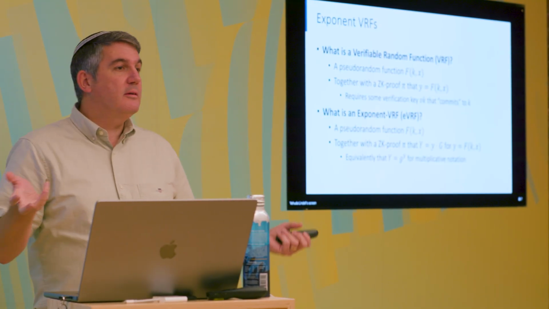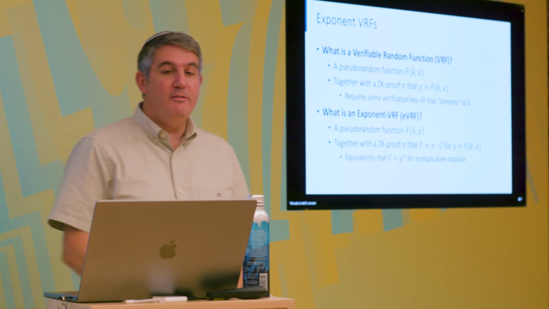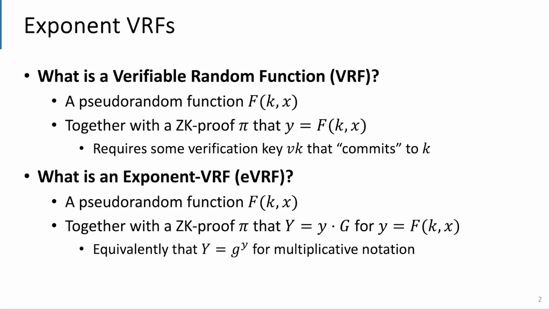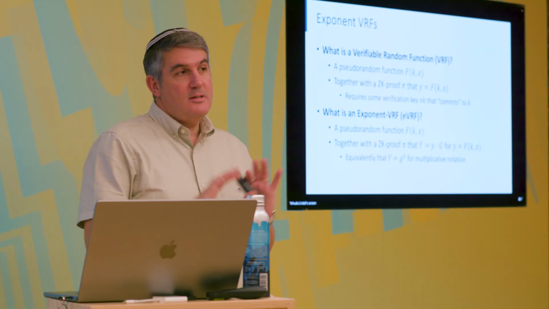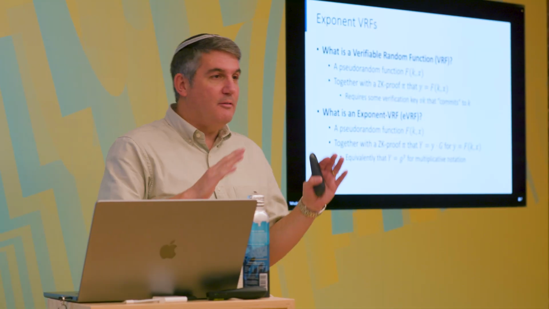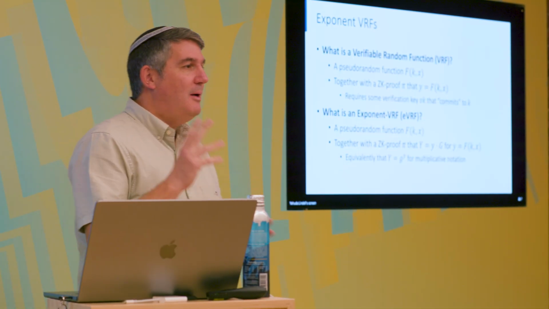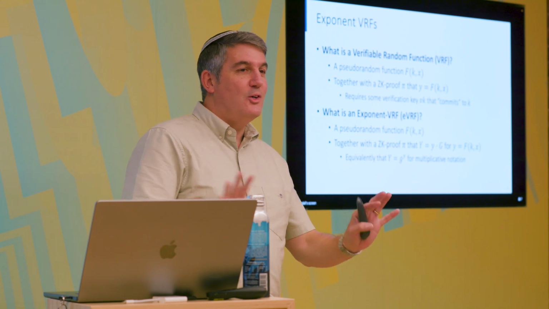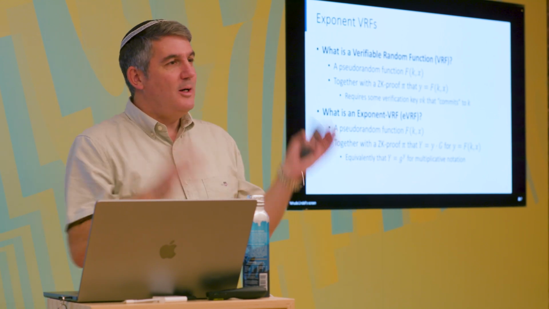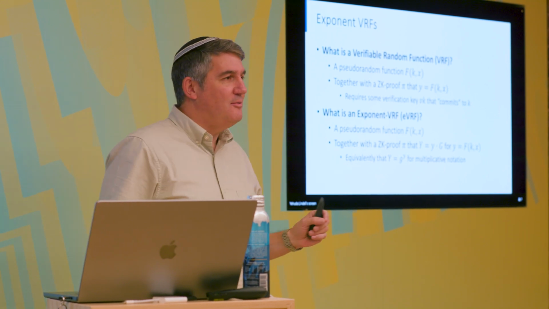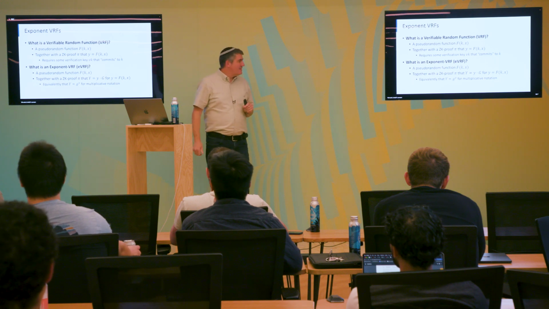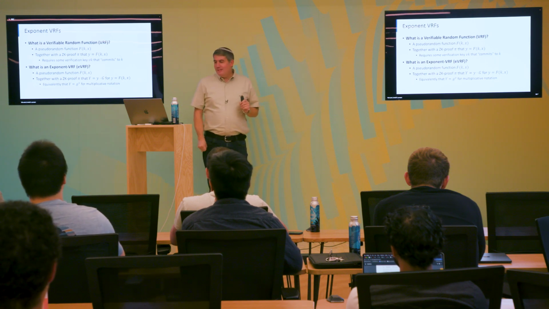So what's an exponent-VRF, or an eVRF? It's exactly the same thing, except that instead of giving you the output of the pseudorandom function, I'm going to give you the output of the pseudorandom function in the exponent. Okay? That's the only difference. Depending on whether you like additive or multiplicative notation, I see everybody here goes with multiplicative, so you're going to swear at me throughout this presentation because I've been doing additive for the last, I don't know how many years.